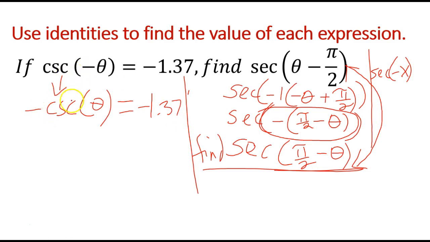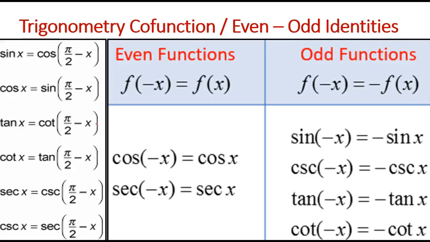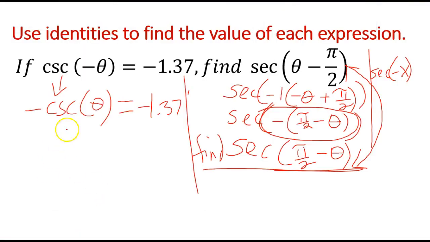Then we think cosecant and secant are cofunctions. So we can go ahead and substitute into cosecant theta. Secant theta is equal to cosecant of pi over 2 minus theta, and cosecant x is equal to secant of pi over 2 minus x.